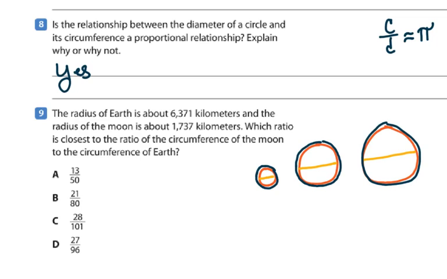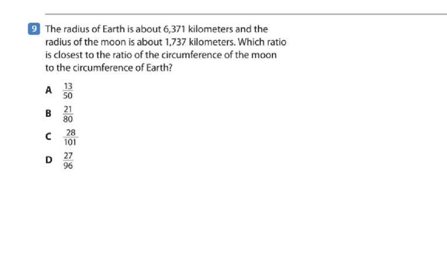So in other words, remember we talked about ratios. They are comparing two numbers using division. So that's why that works. The last question on this worksheet, it says the radius of the Earth is about 6,371 kilometers, and the radius of the Moon is about 1,737 kilometers.